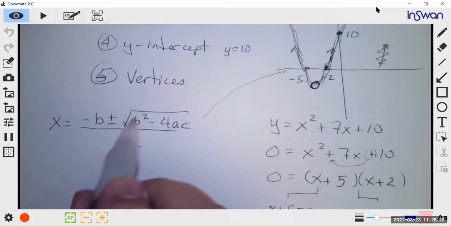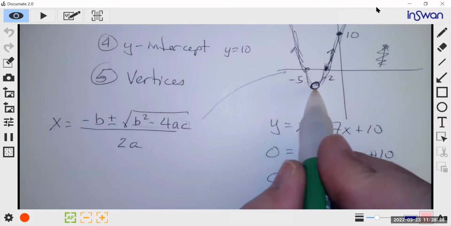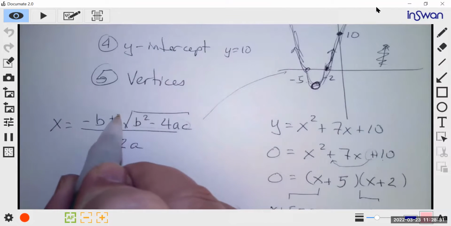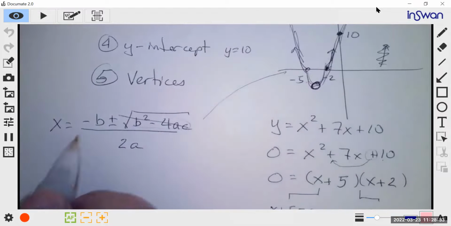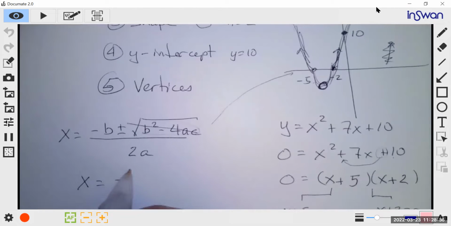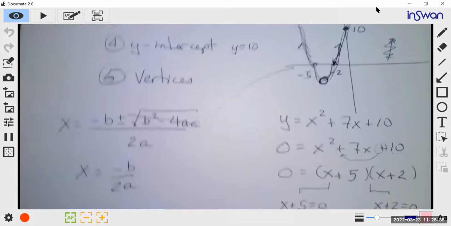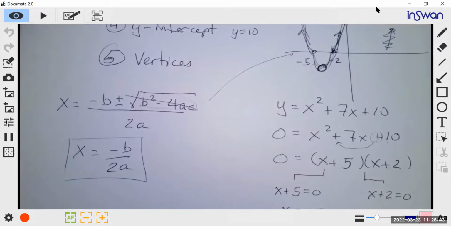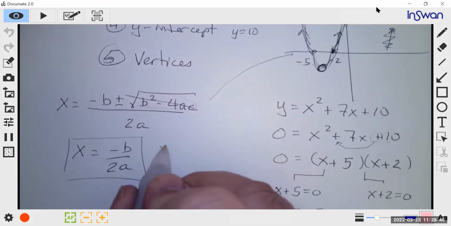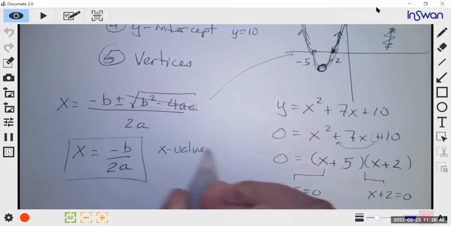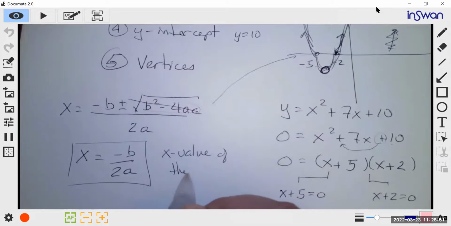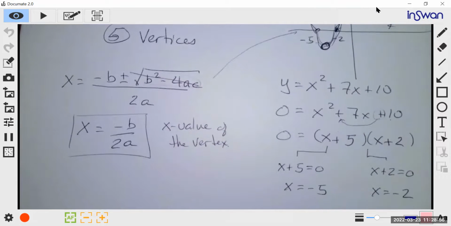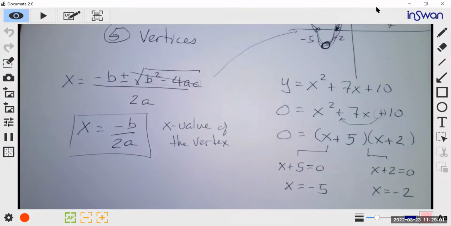But the x part of the vertex is the x component of the vertex: negative b over 2a.